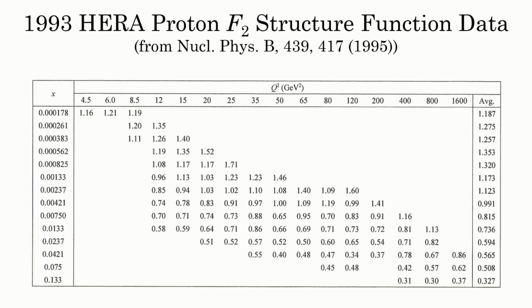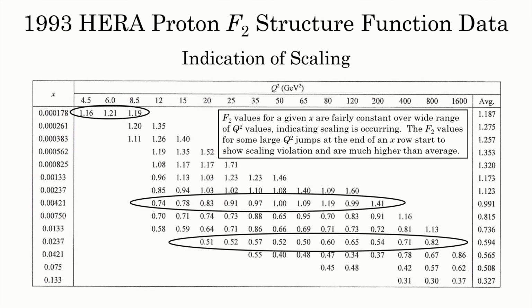The table shown gives the F2 values for HERA deep inelastic scattering runs performed in 1993 as a function of the momentum fraction x and the momentum transfer Q-squared. The F2 values for a given x value are relatively constant over Q-squared ranges from a few GeV squared to several hundred GeV squared, which indicates that scaling is in play.